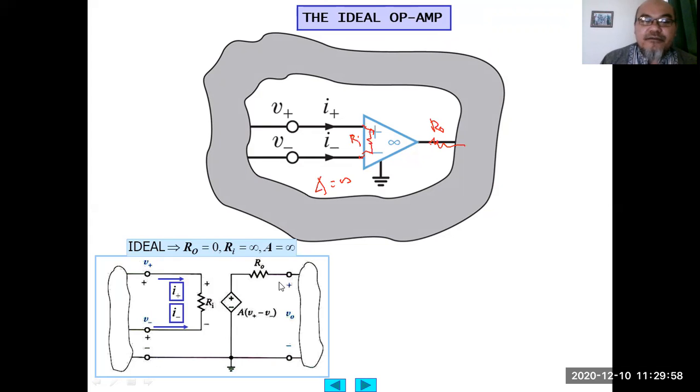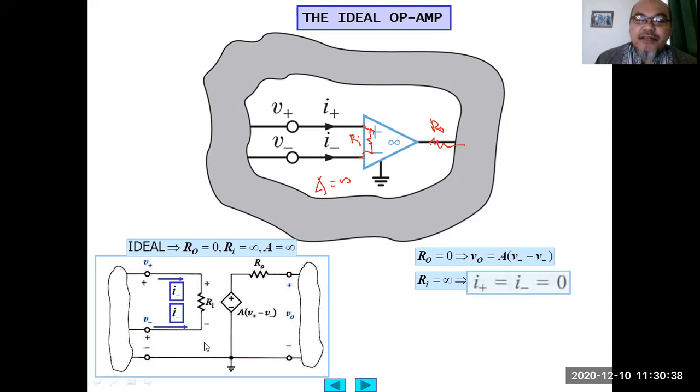But there is a voltage drop across the Ro. Ideally, this should be 0. If Ro equals 0, the output voltage Vo will be equal to A, the gain, multiplied by the difference between the non-inverting voltage and the inverting voltage: A times V plus minus V minus.